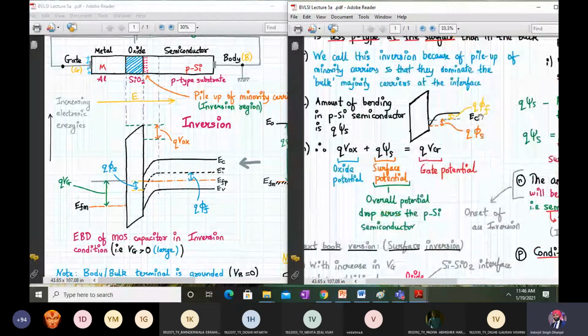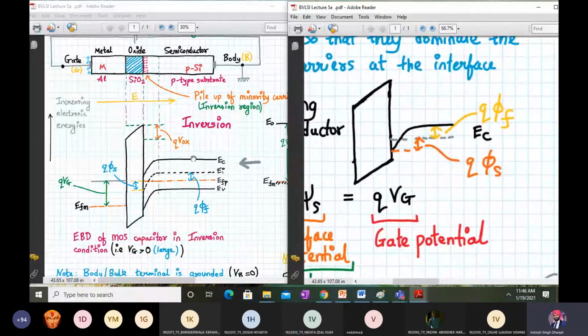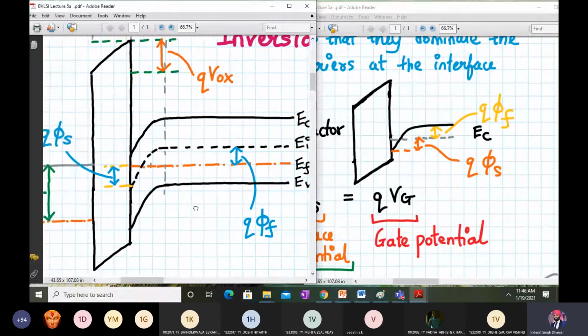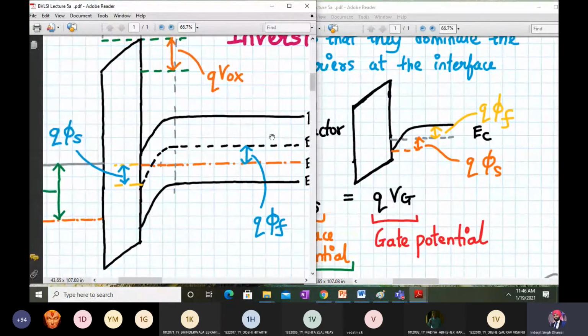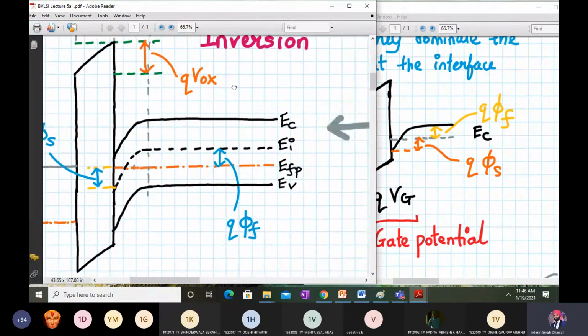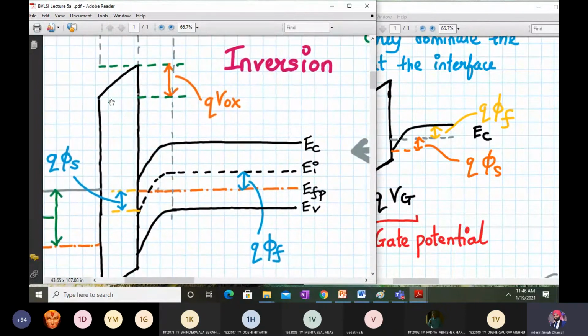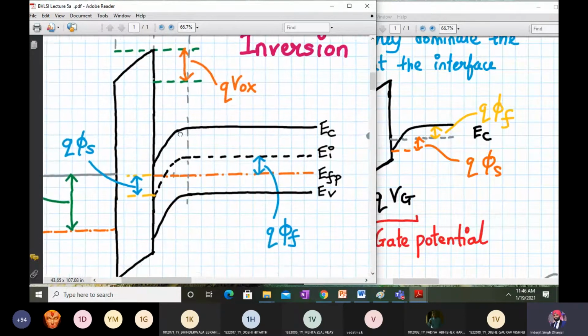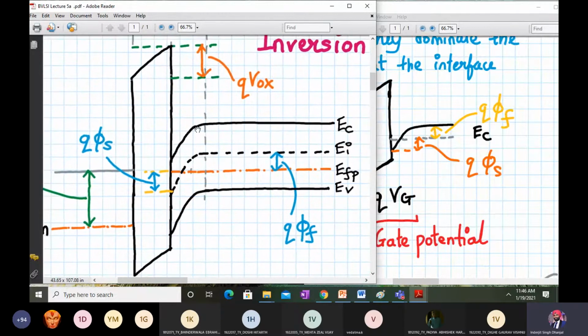We have two more things which we have to analyze, which are as follows. So the amount of bending over here, let me expand it. This bending in the oxide is called q into Vox, that is due to the applied gate potential. So some of it is dropped across the oxide, that's why we have a bending over here, indicating that there is a presence of electric field.